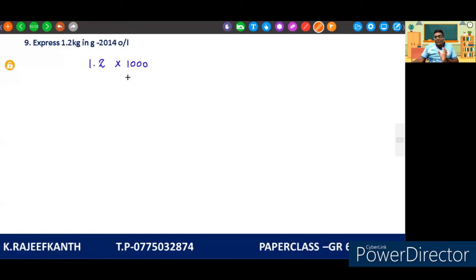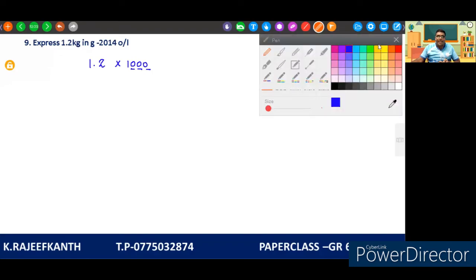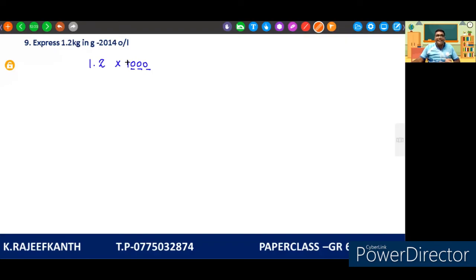How can we multiply this decimal by 1000? In 1000 there are 3 zeros. So when multiplying by 1000, we have to move the decimal point 3 digits to the right. Here the point is here.